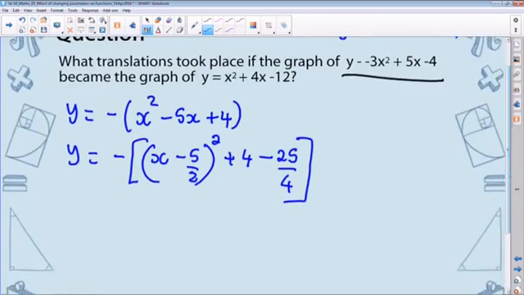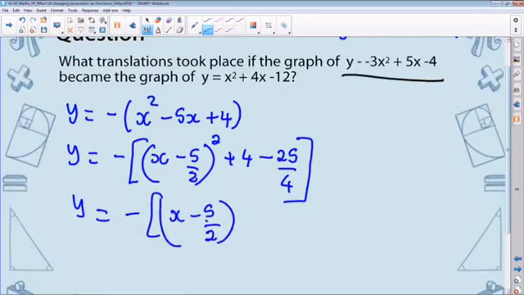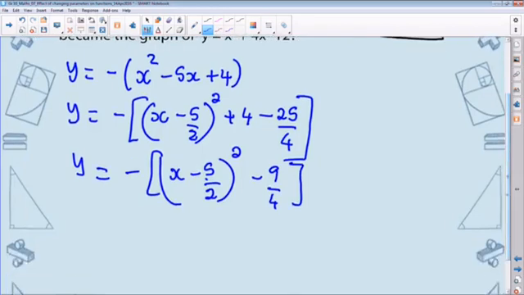So you get y is, simplify this, it's −[(x − 5/2)² + 16/4 − 25/4], so it's −9/4, and then you remove the square brackets, you've got y = −(x − 5/2)² + 9/4.